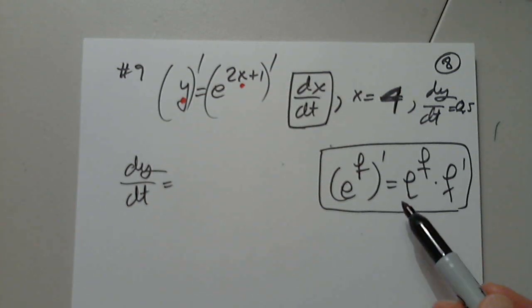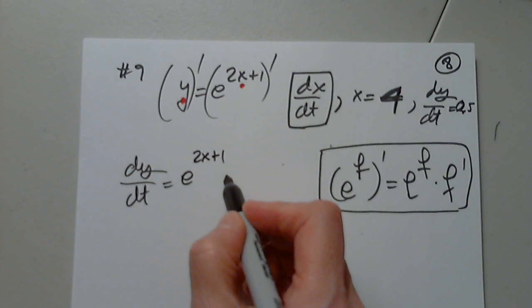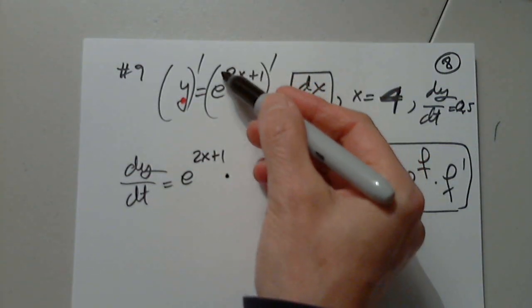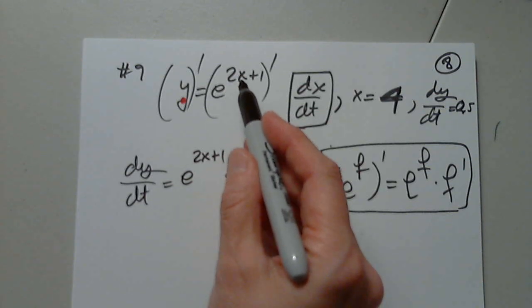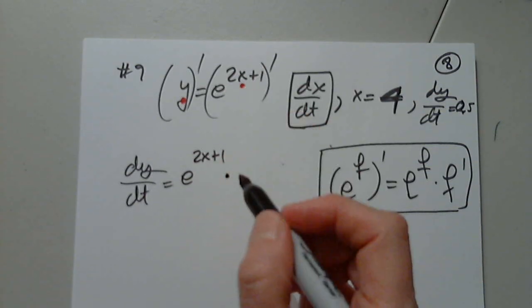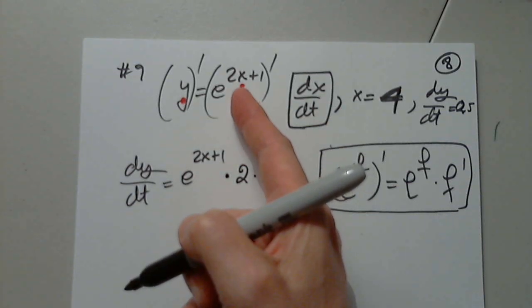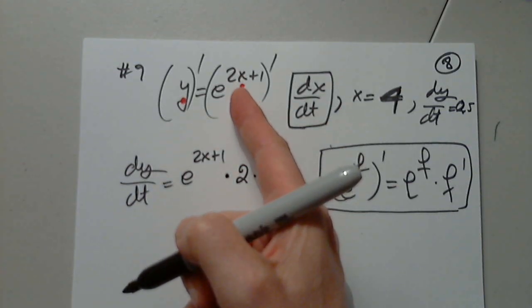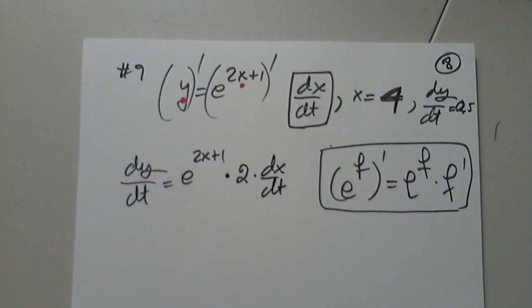So e to the function, I have to write as is, times the inner function prime, and you cannot just say 2, because this is a function. So times 2 times dx over dt. That's it.